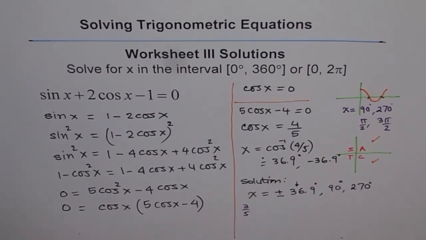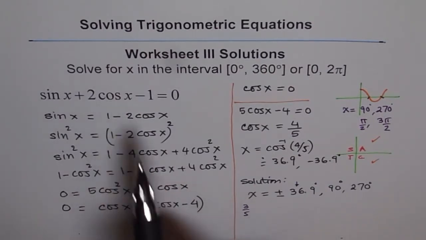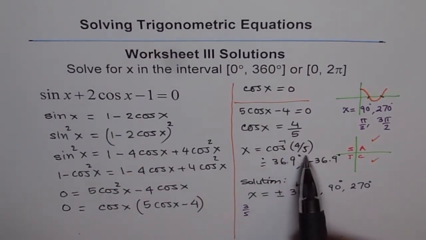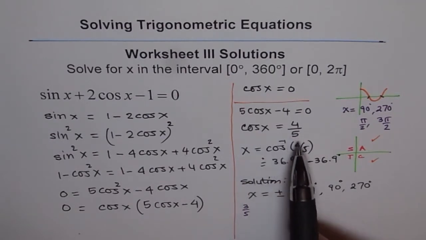But remember, for checking the answer, we should use at least 4 decimal places. Or for cos, I could actually write 4 over 5, because cos of x is 4 over 5.